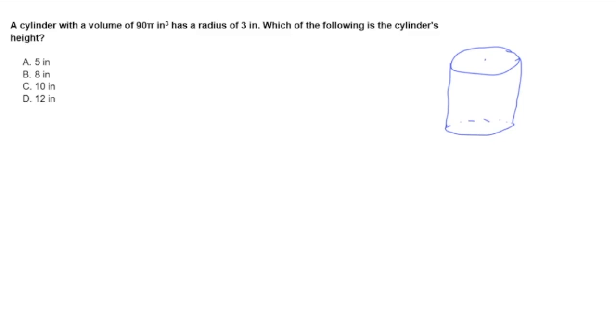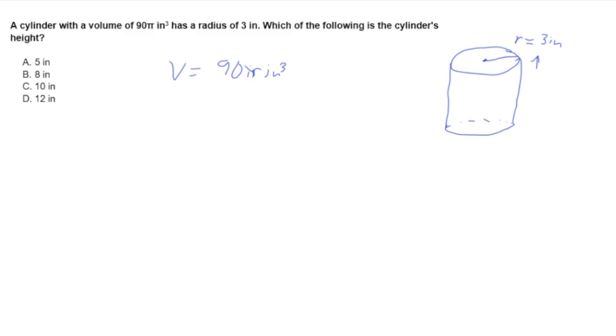And our radius, if we look at the circle, that's from the center out, our radius, we're given that, is equal to 3 inches. Our volume is equal to 90 pi inches cubed.